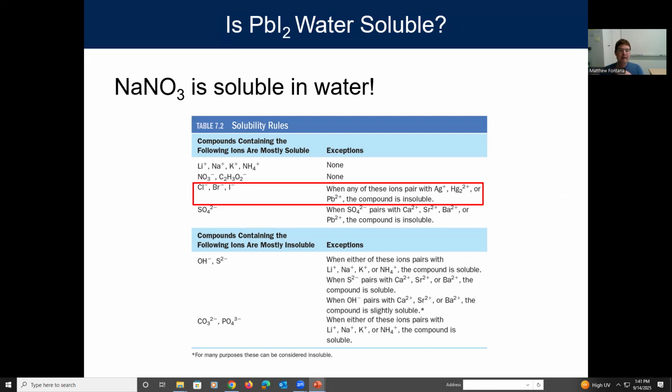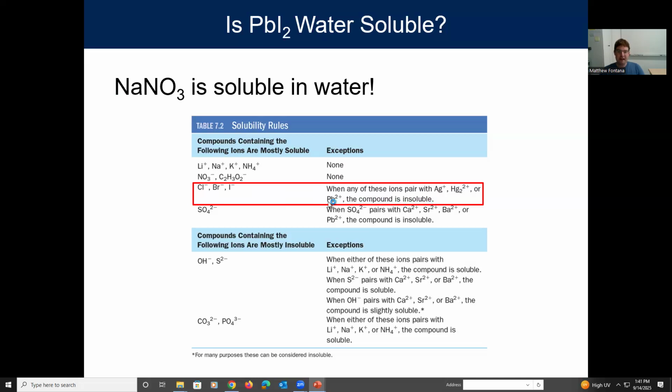What we can take a look at now is whether lead iodide is soluble in water. If we go down here, we find iodide, and we see that when any of these ions are paired with iodide, the compound is insoluble.